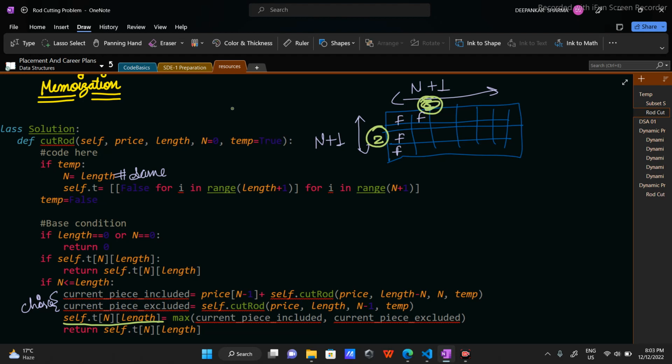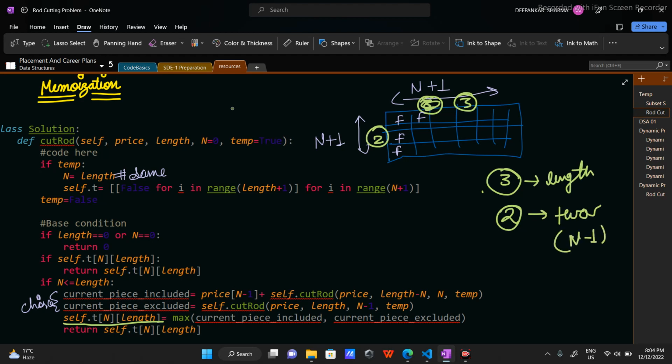If I'm talking about this, this is the 3. If I have a remaining length of 3, what profit am I getting by including this piece of size 2? This is the n minus 1.